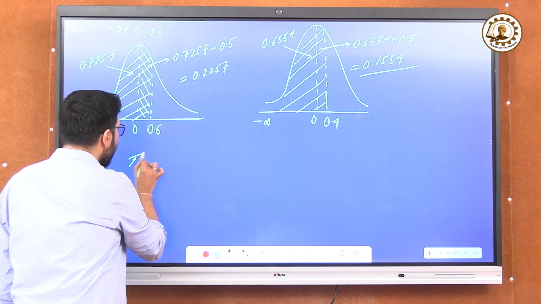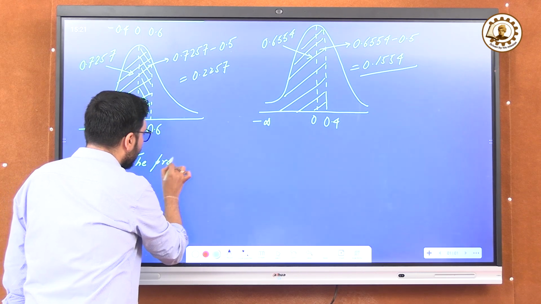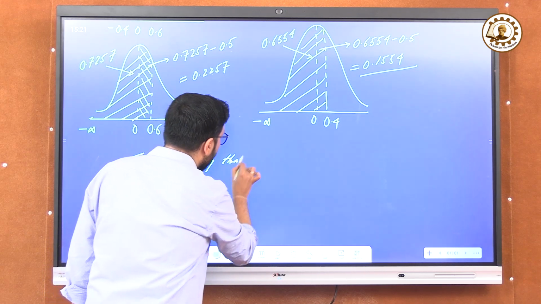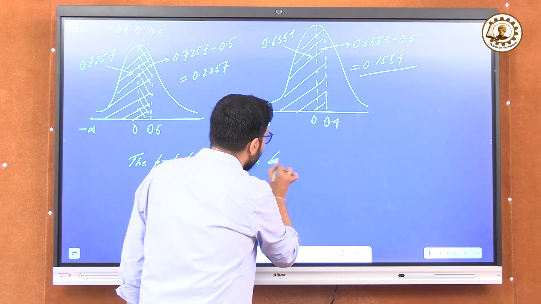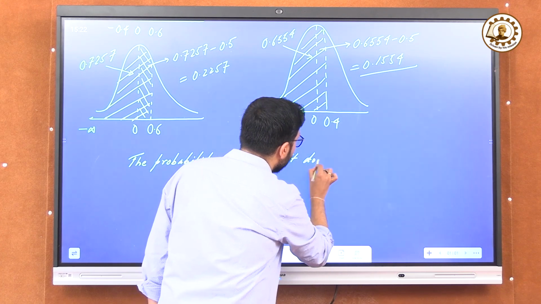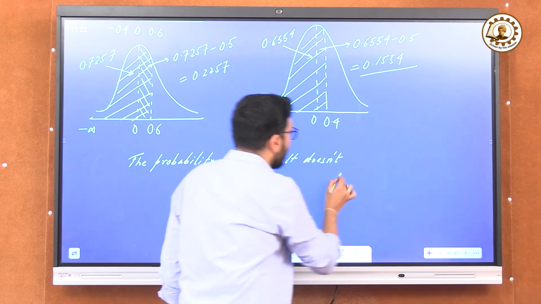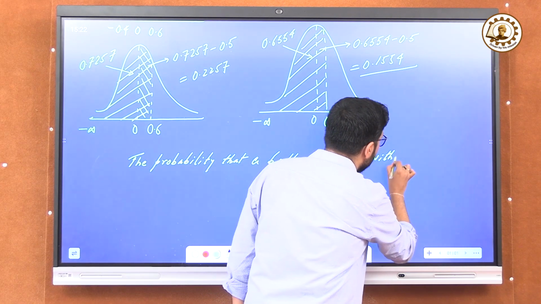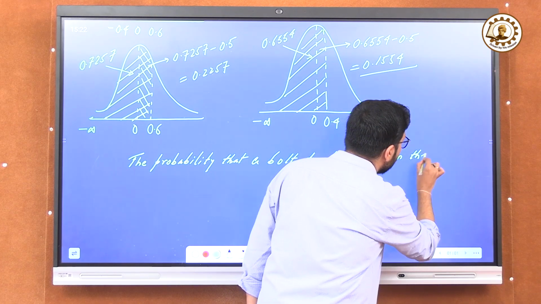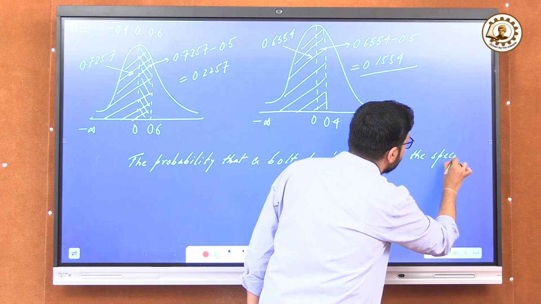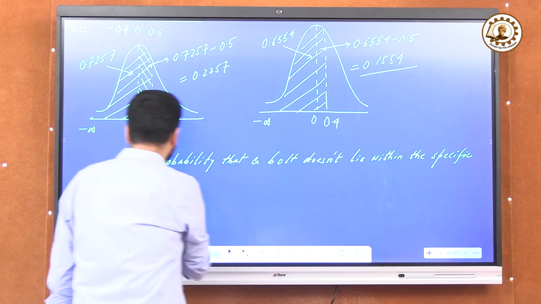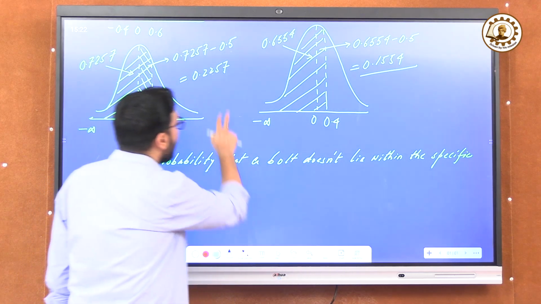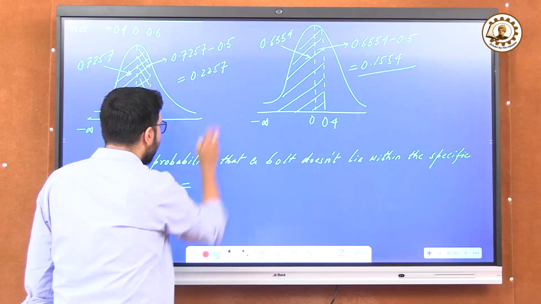So I can conclude it in this way: the area or the probability that a bolt does not lie within the specific range is 0.6189.